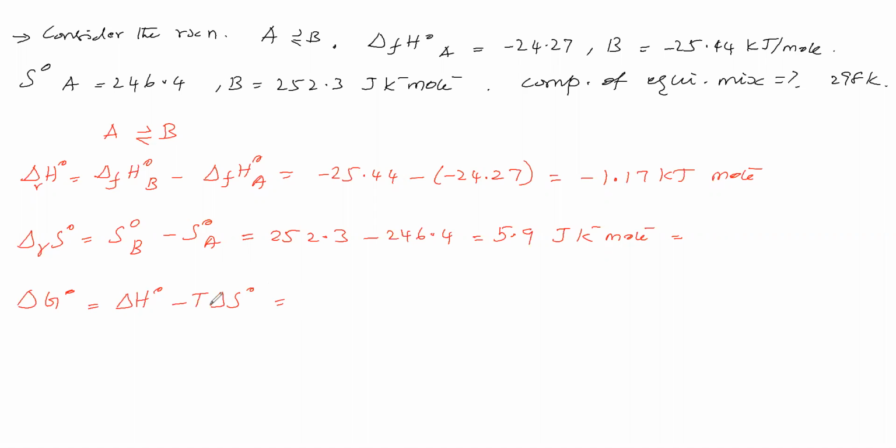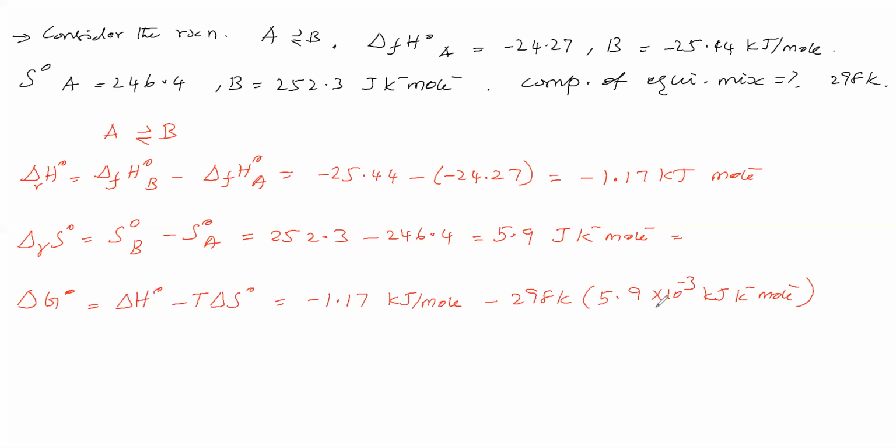Now we substitute delta H naught, which is minus 1.17 kilojoule per mole, minus T, the temperature, 298 Kelvin, times delta S, which is 5.9 into 10 to the power of minus 3 kilojoule per Kelvin per mole.